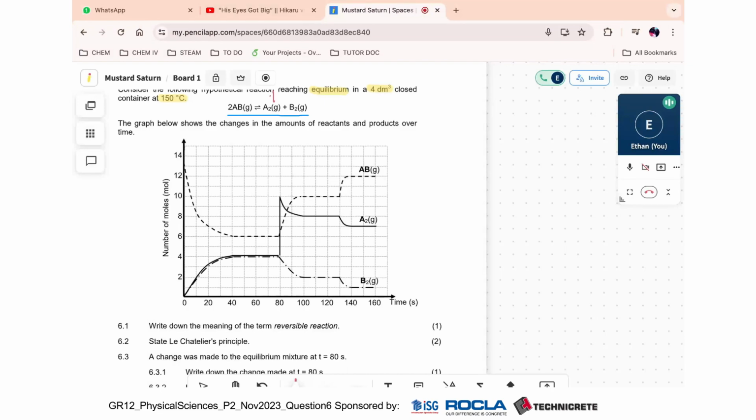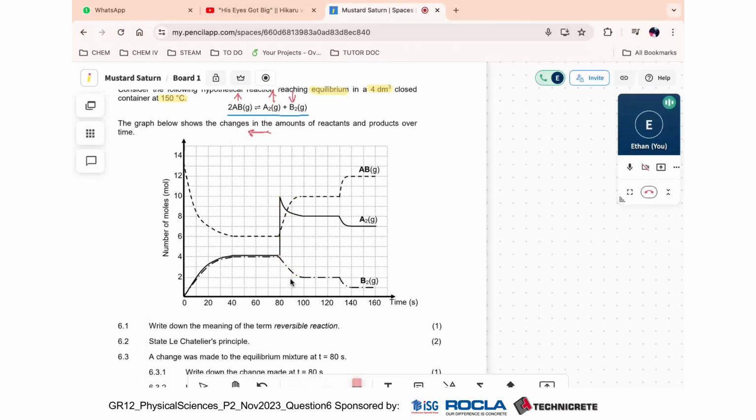So if there's more A, therefore there will be less B, and therefore there'll be more AB. So the system goes in the backwards reaction to counter all of a sudden the surplus of A. And that's what we see here. So we see more A, less B, more AB.